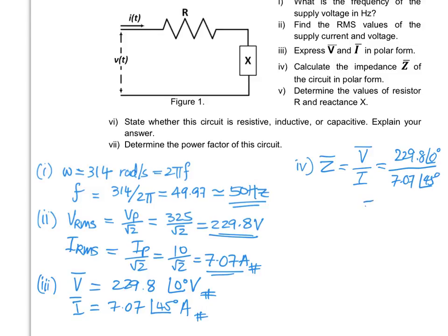That gives us an impedance value of 32.5035 at an angle of minus 45 degrees ohms.